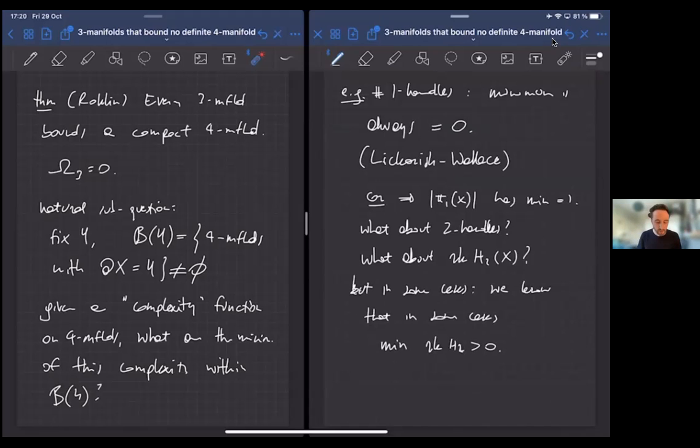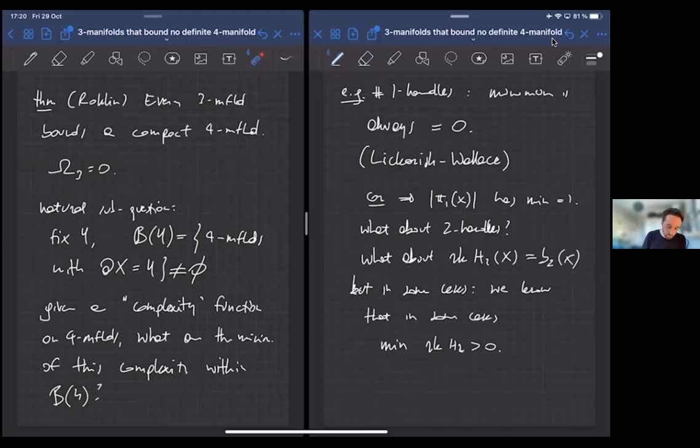So there are results along these lines. If you put more restrictions on your 4 manifold, you might get some obstructions. Another natural measure: the rank of H2 is normally called B2 of X. This is the second Betti number.